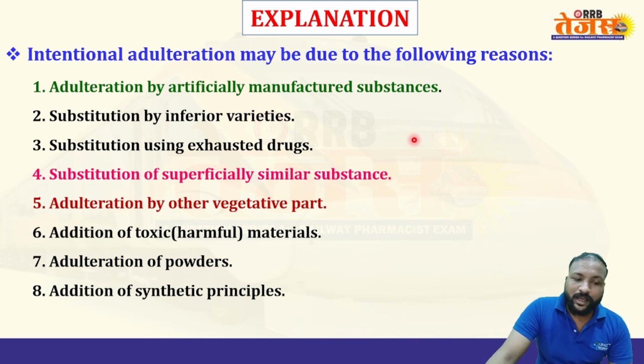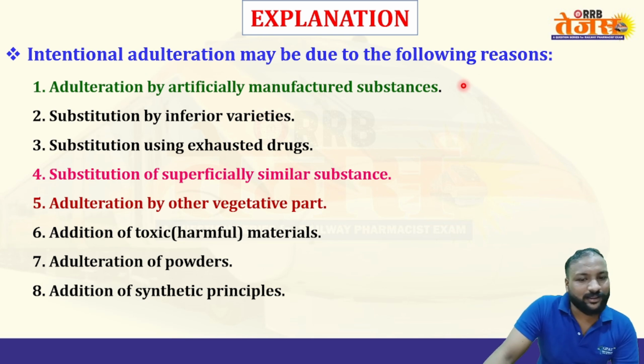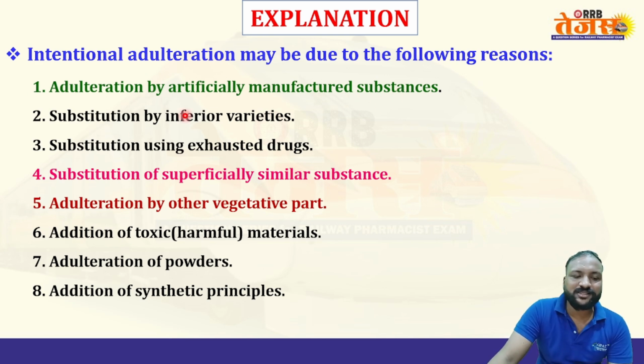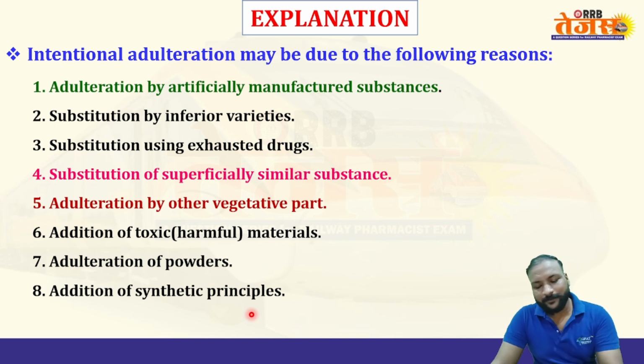Okay, you can't see the no authentic plant in the following types of intentional adulterations: adulteration by artificially manufactured substances, substitution by inferior varieties, using exhausted drugs, by superficially similar substances, by a vegetative part, by toxic material, adulteration of powders, and addition of synthetic principle. These are all intentional. Except that, all are unintentional.